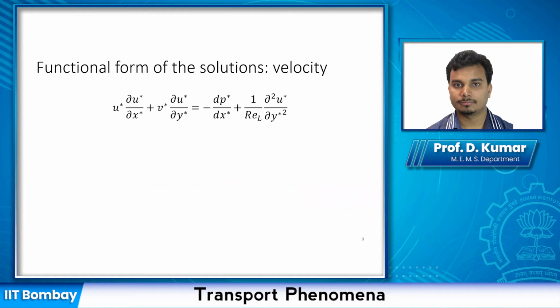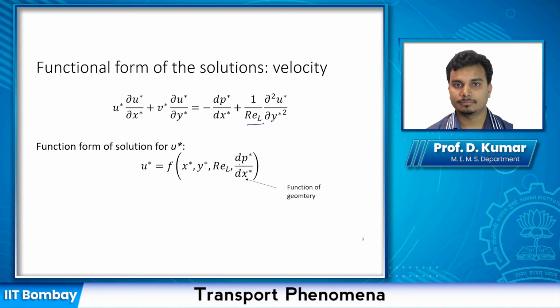Now that we have the non-dimensionalized equation, we can again look for the functional form of the solution. This is for the momentum balance equation. The functional form for u star, the main variable in the equation, can be written as a function of x star, y star, Reynolds number, and dp by dx, where dp by dx essentially depends on the shape.